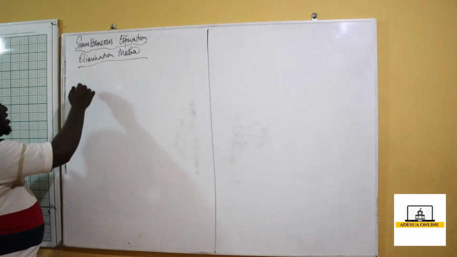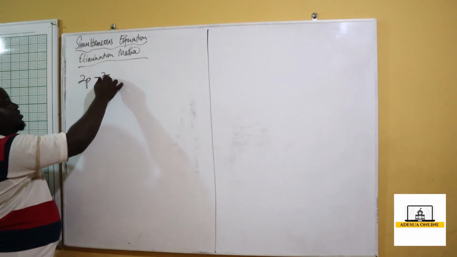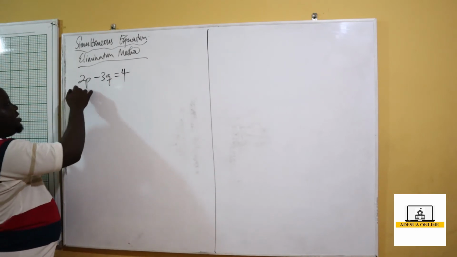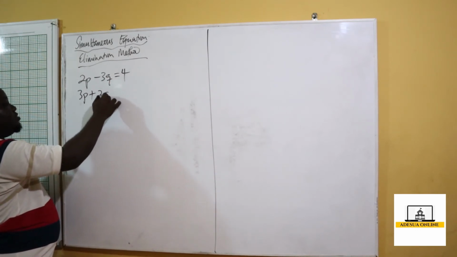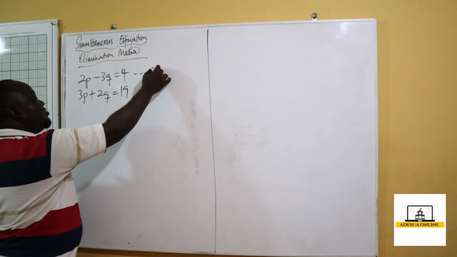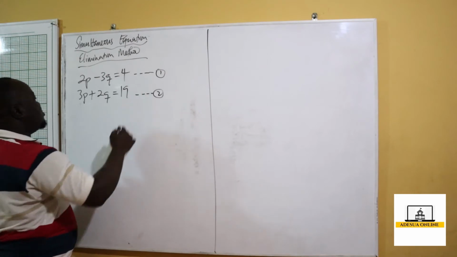So we have 2p minus 3q equals 4 and 3p plus 2q equals 19. So this is our equation 1 and this is our equation 2.